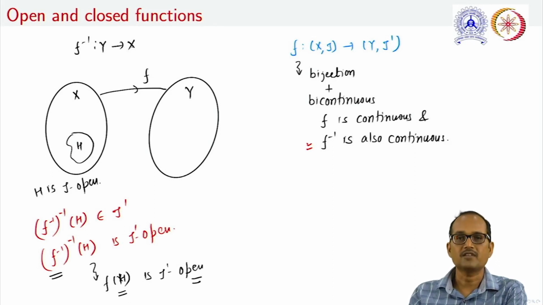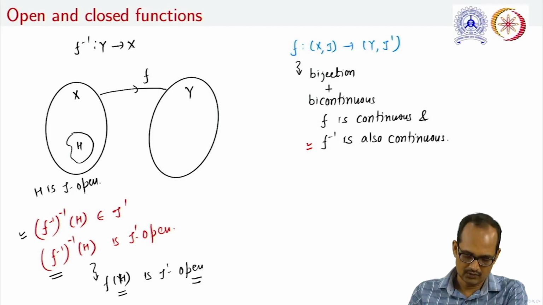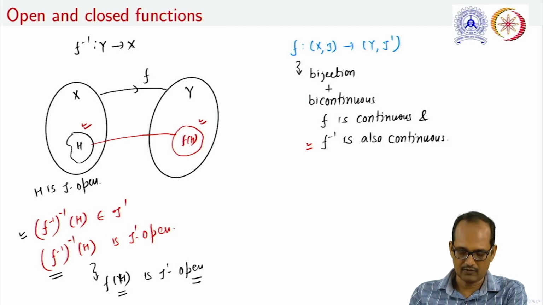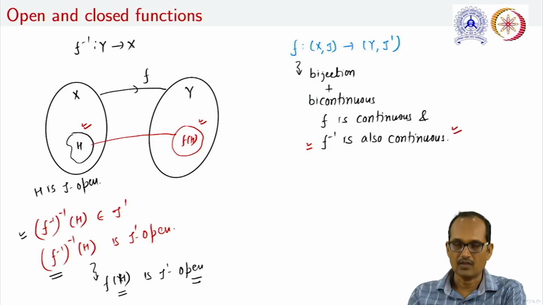So what is precisely going on is that instead of computing the inverse of f, we are finding the direct image of this H, that is f of H. If H is tau open and f of H is tau dash open, that is equivalent to saying that f inverse is continuous.